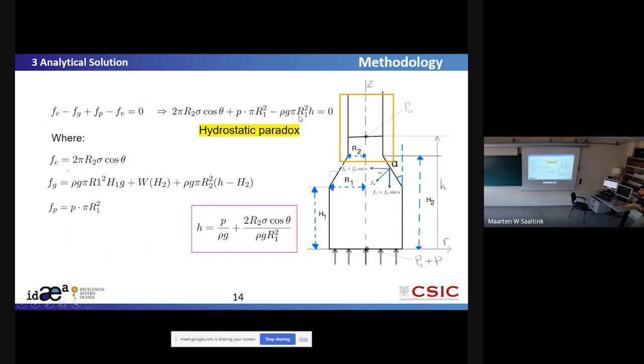But this term has not only that fluid, but also the downward component of the wall forces, which then balance the capillary forces that are acting on this smaller wall. And this is also known as the hydrostatic paradox. By simplifying this equation and solving for H, we arrive at this formula for zero inside.